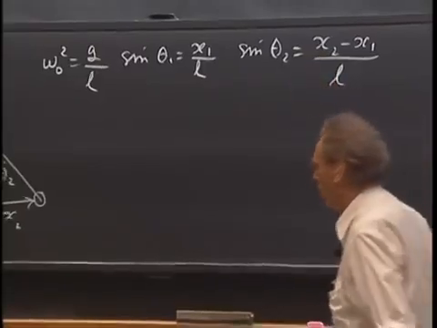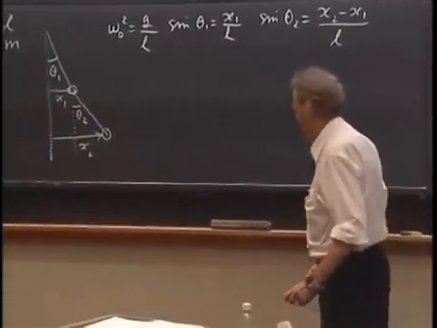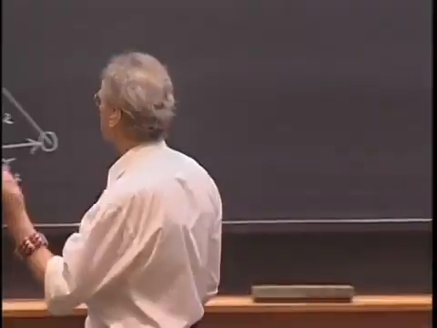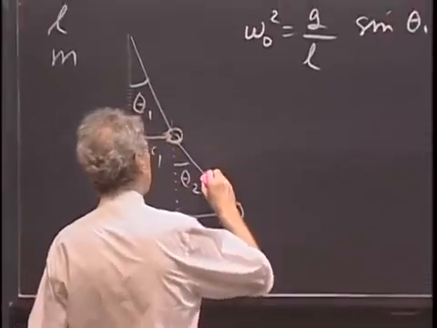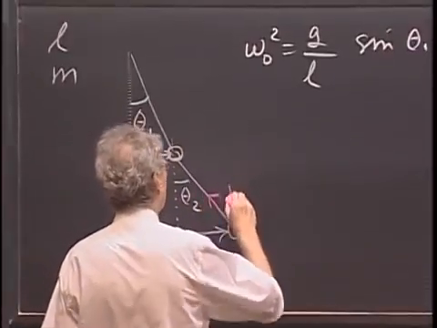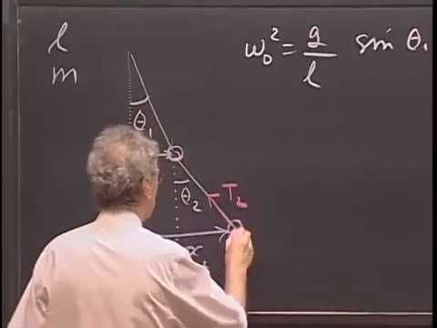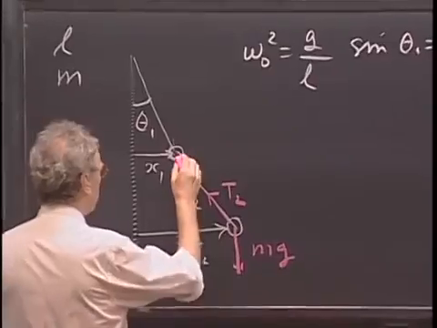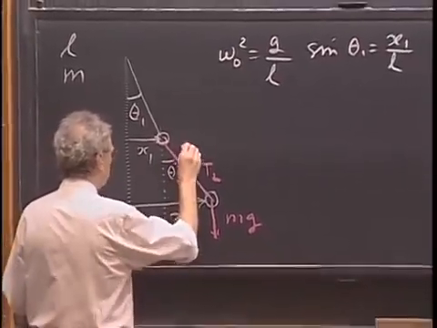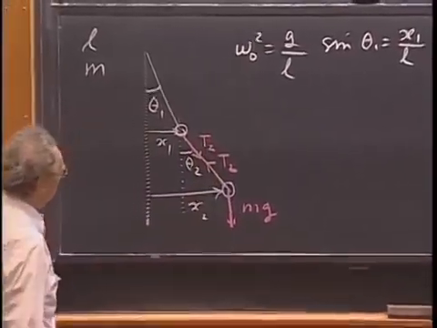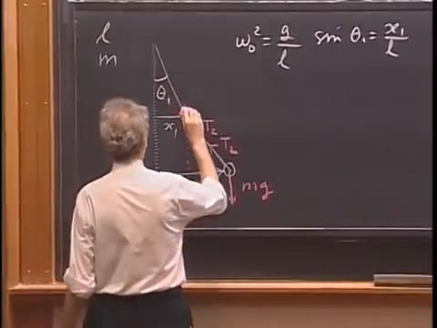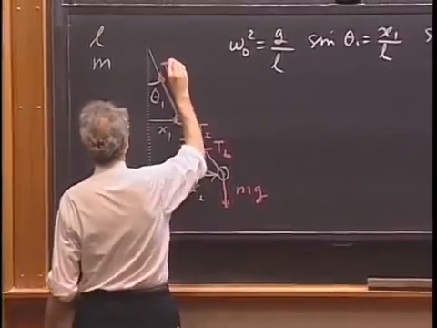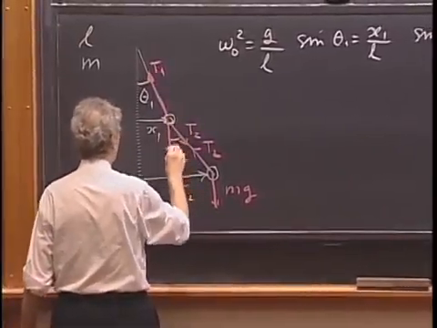For small angular approximation, we do know the tensions. Here we have a tension which I will call T2. There is here, of course, mg. So there is also a tension T2 here. Action equals minus reaction. And then there is here the tension T1, and here is mg.